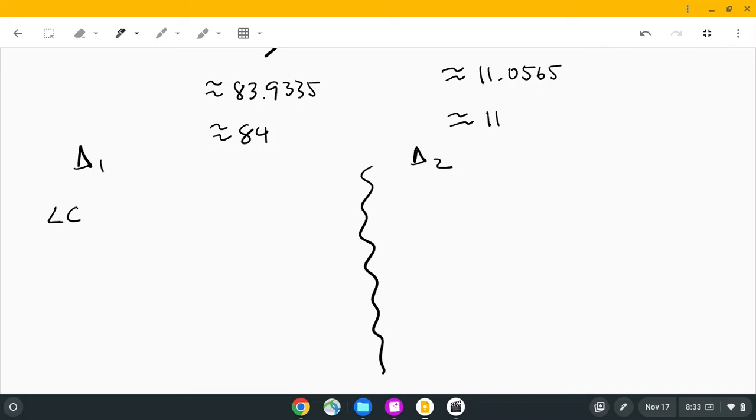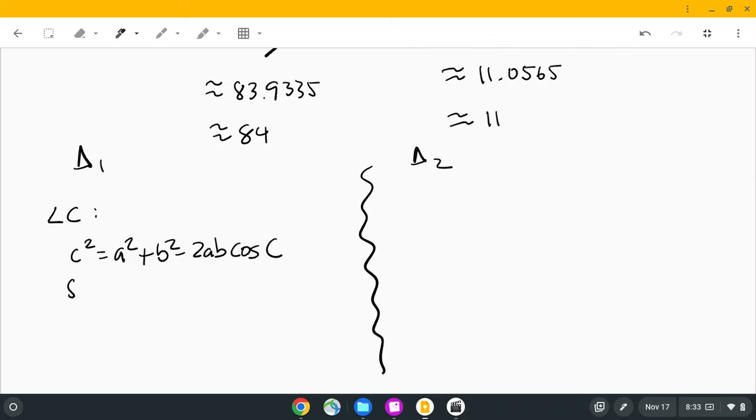Here I'm going to be using this formula: c squared equals a squared plus b squared minus 2ab cosine C. It's this angle here that I'm looking for.